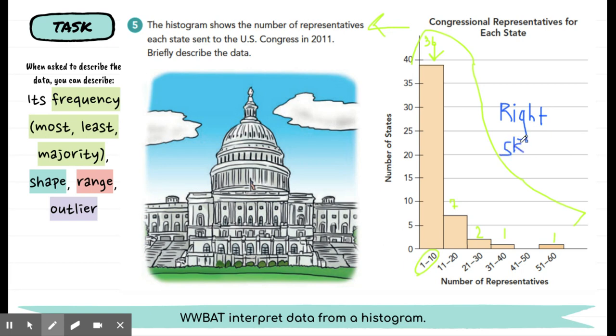For the range of the data, you will have to subtract the highest value and the lowest value, and the difference will be your range. And because the data has a gap right here, we can say that the one state that sends 51 to 60 representatives is our outlier.